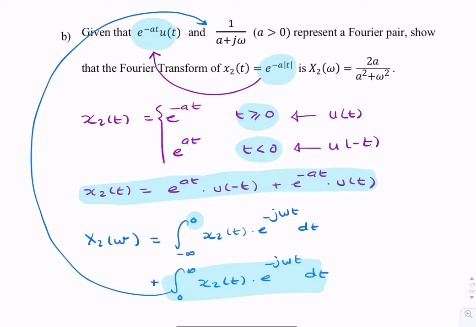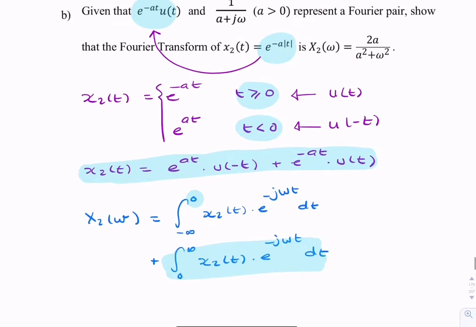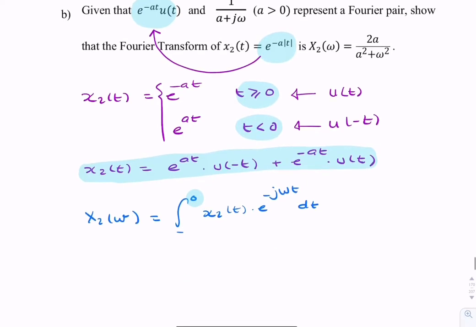So we can simply replace that with 1 over a plus j omega. So I'll do that now. Now, this bit, I can replace x of t with what the value is for negative time.